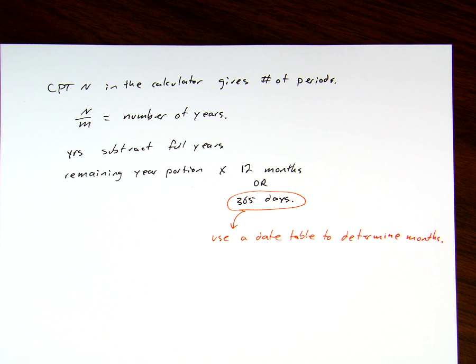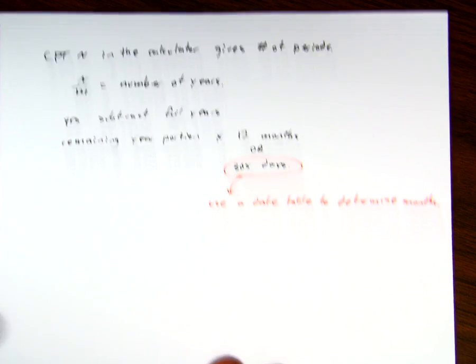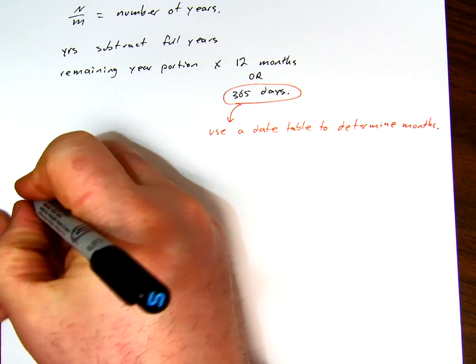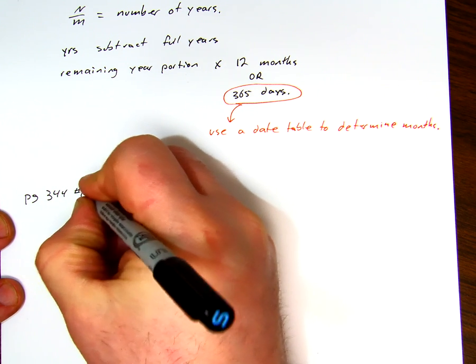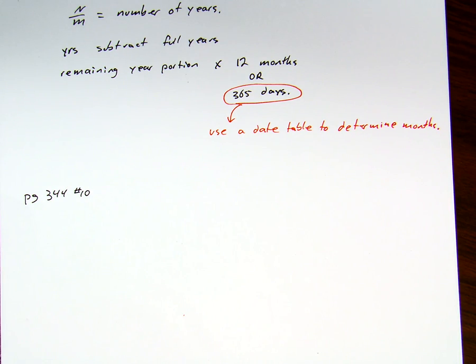So do question 10, A and B. Question 10 on page 344. We're looking there as we're saying, round to the nearest month, how long will it take an investment to double if it earns 8% compounded annually?